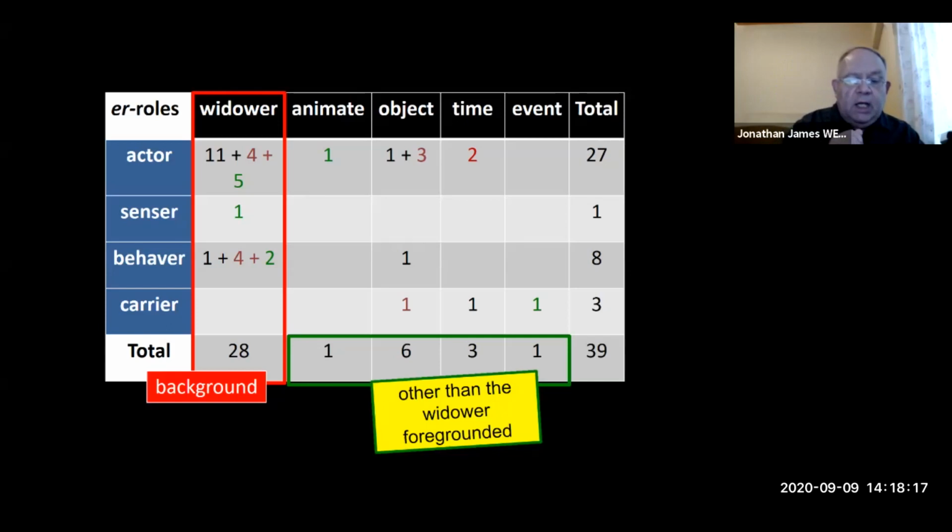In other words, 28 occurrences of the widower. We have one mention of the possum. We have 6 mentions with respect to the objects, and so on. So what we could say is that anything other than the widower is foregrounded.